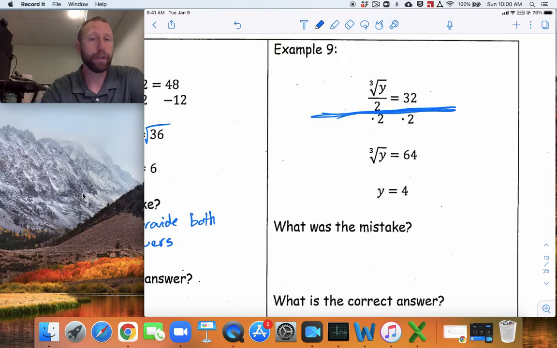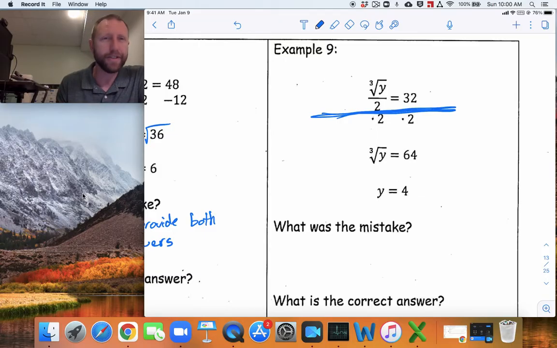Well, we know that the cube root of 64 is 4, but that's not what it's asking us, right? It's asking us, what number, when I take the cube root of it, equals 64. So for this one, we've got to do the opposite.